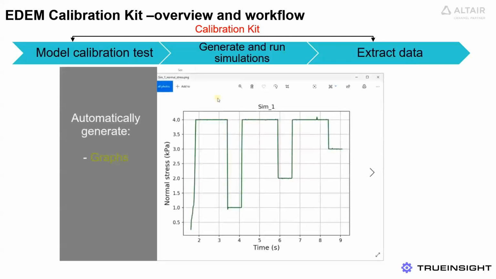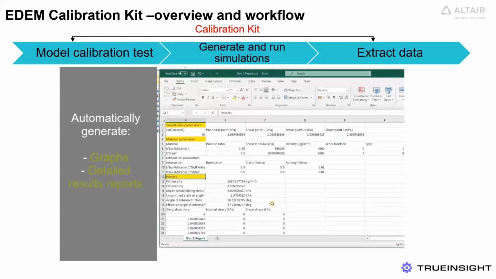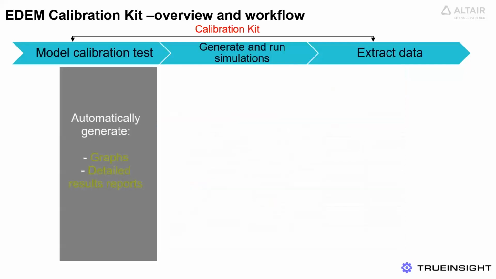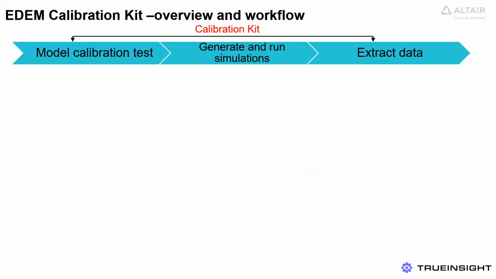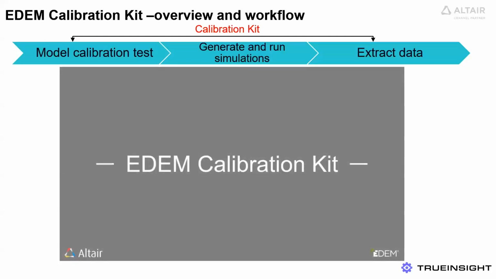As well, you will receive collated reports of key results from all simulation runs. The kit removes the need for modeling standard tests and automates the process of obtaining relevant simulation data, leading to a significant reduction in engineering time required for EDEM material model calibration.